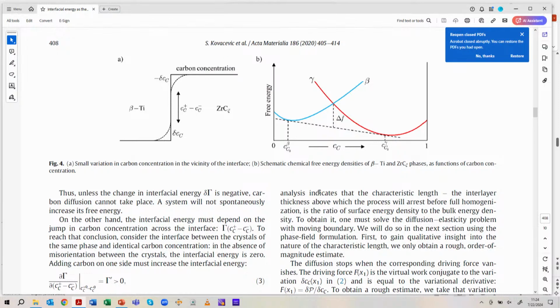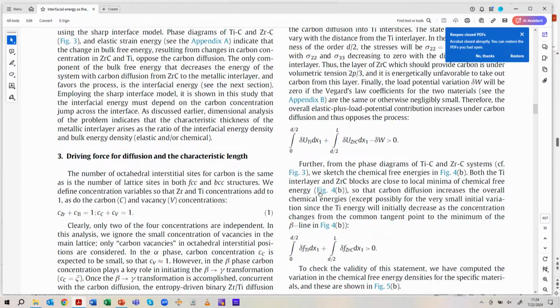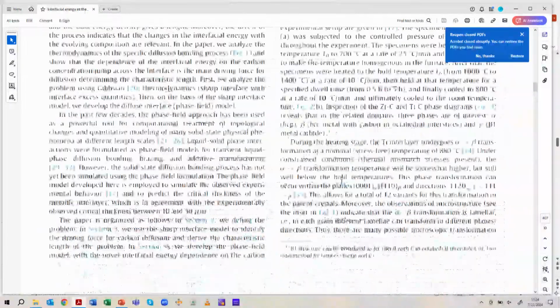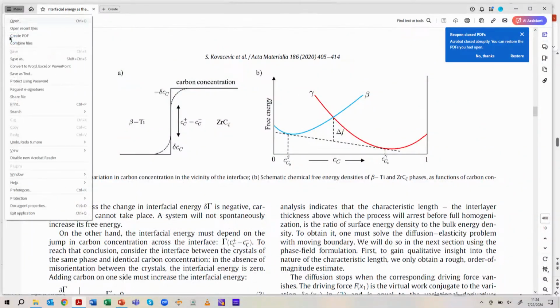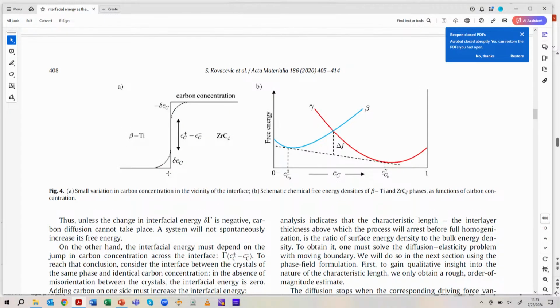So here we have formulated a phase field model which shows that the driving force for this diffusion bonding is the dependence of interface energy on the concentration jump, on the carbon concentration jump.